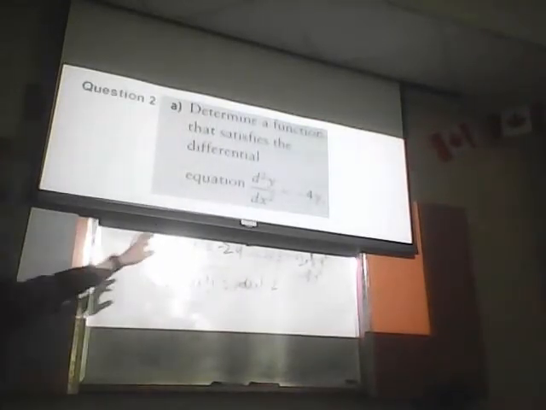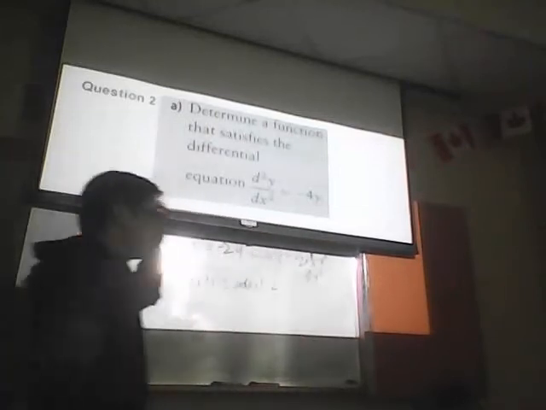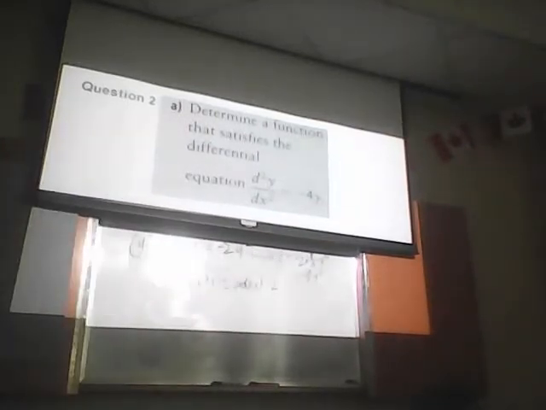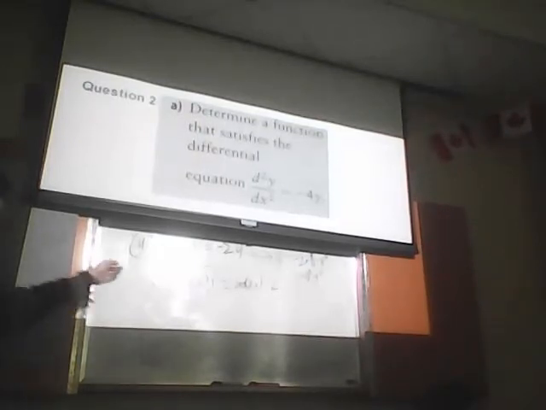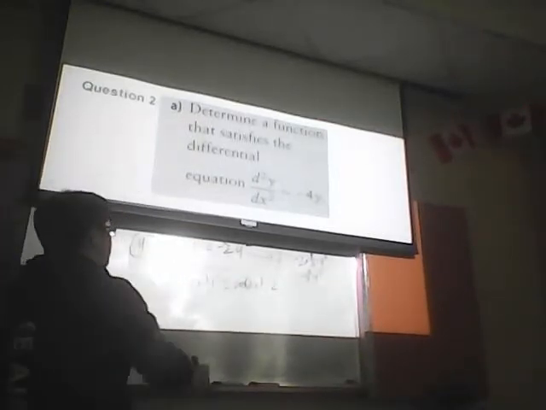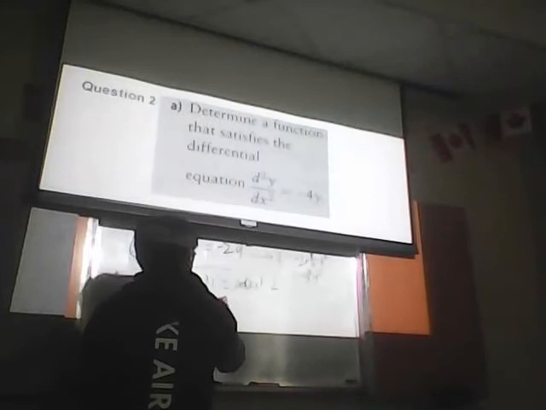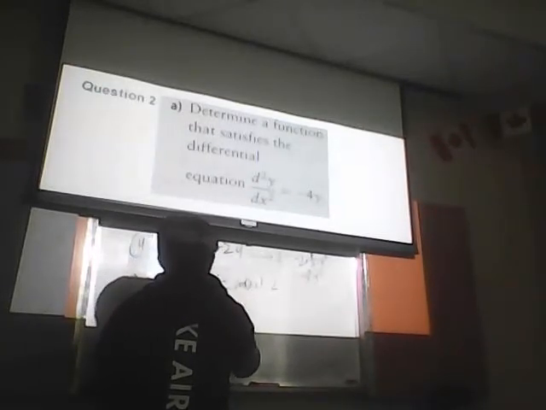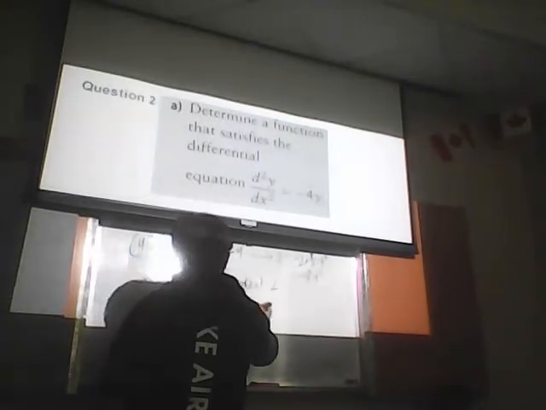Because this is 4, you should know that if there is 4, which number squared is equal to 4? Of course 2. So we use 2x, and then cosine 2x times 2. Next derivative.